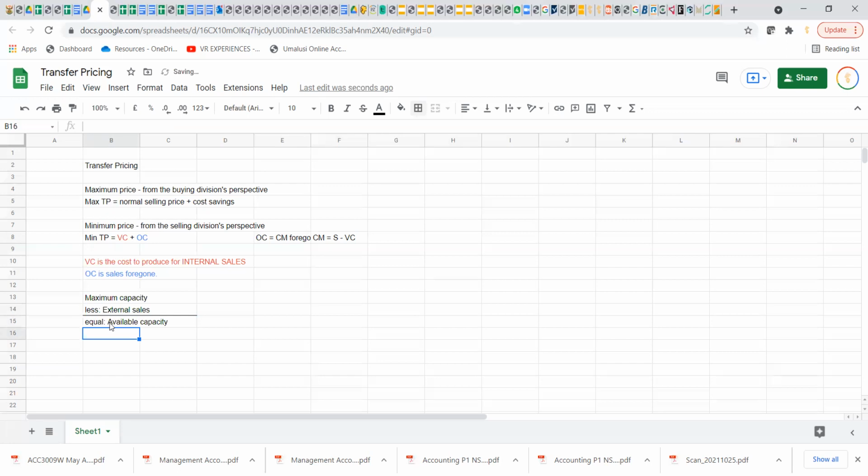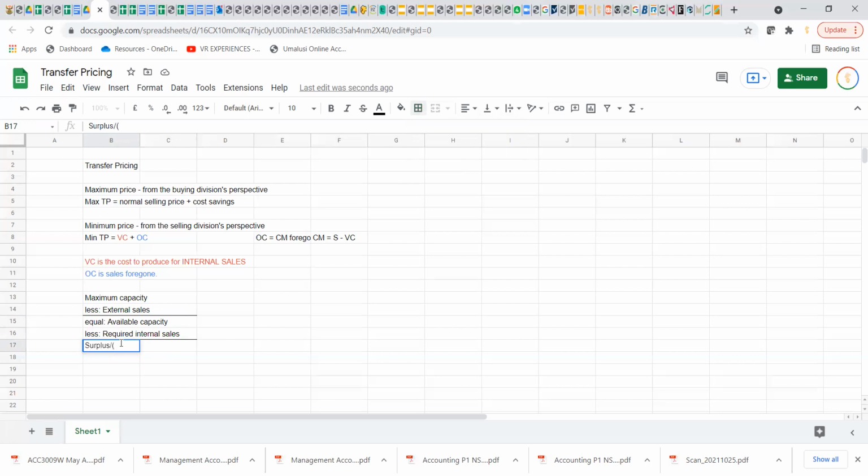Then we're going to say less required internal sales. So when you say available capacity minus required sales, if the answer is positive, we have a surplus.